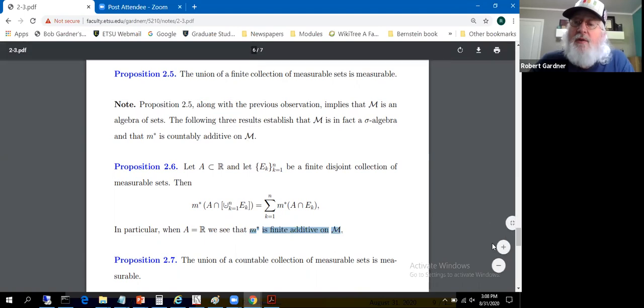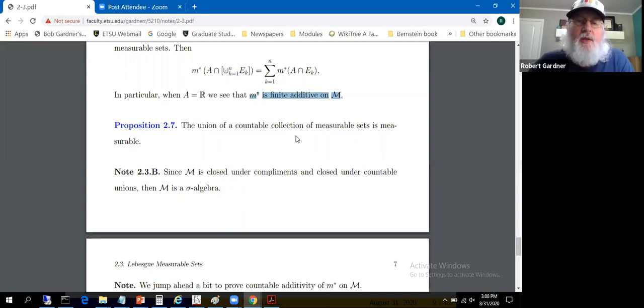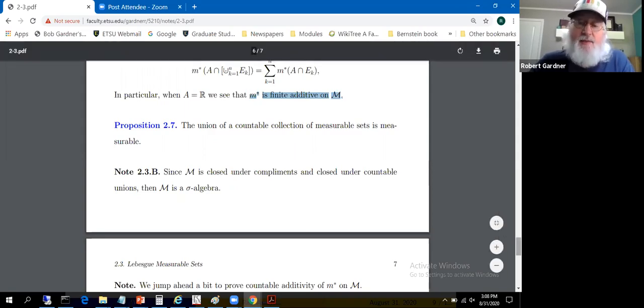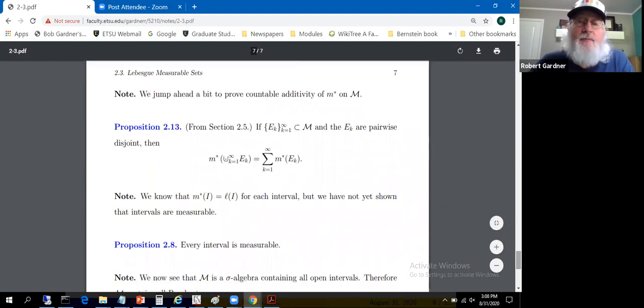Well, same thing again, only different. We've shown that a countable union of measurable sets is measurable, so M is closed under countable unions. The next natural question would be, well, is the measure of the union the sum of the measures when they're disjoint? It is. That is, we have countable additivity.